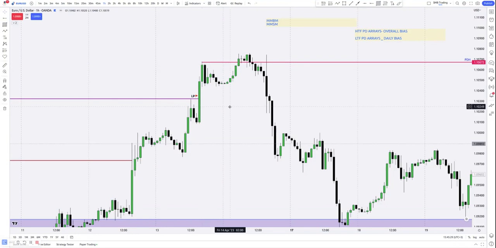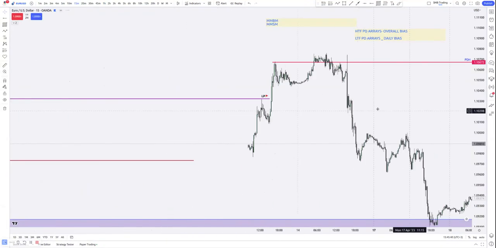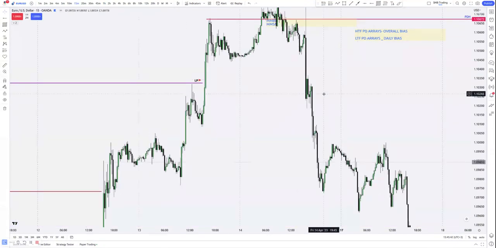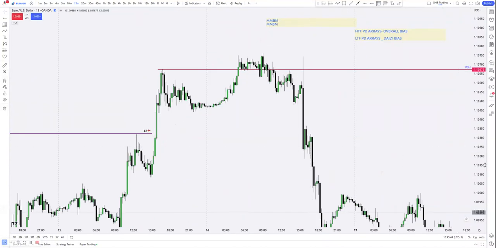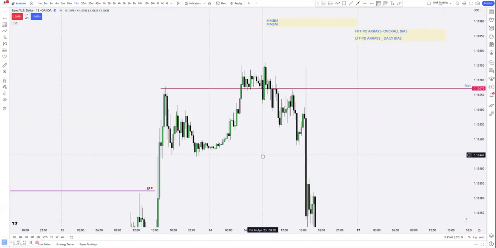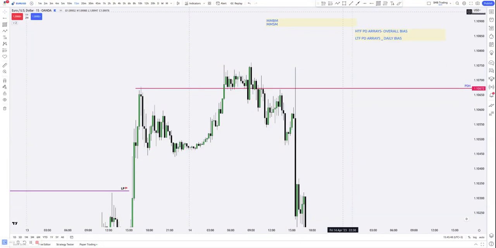Do we have a shift in structure? This is in London. New York opens on this candle. Let's go to M15 and check what happened. Now, this was a previous structure.